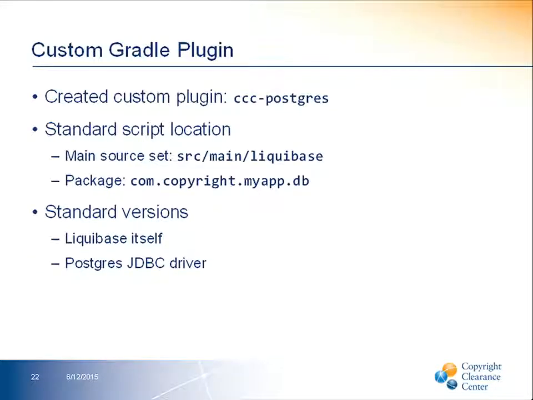And to be able to build this, we created our custom Gradle plugin, CCC Postgres, and that would specify our standard script location, or a source set, at source main Liquibase, and we'd use a standard package, myapp.db, and standard versions of things like Liquibase and the Postgres JDBC driver that you would use to execute the change sets.